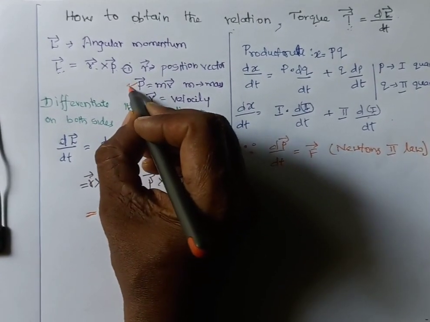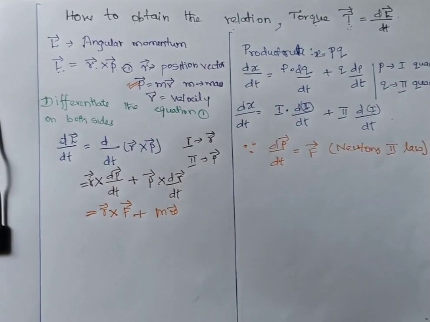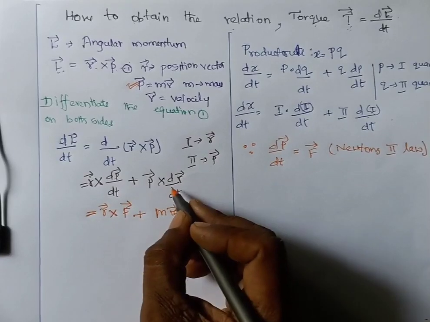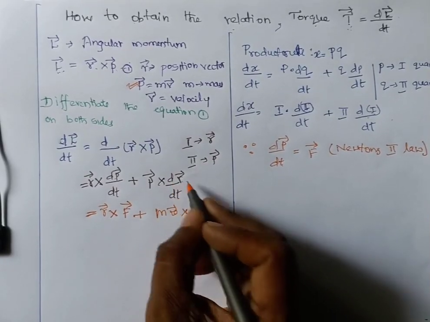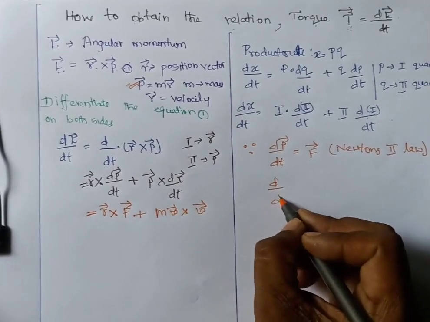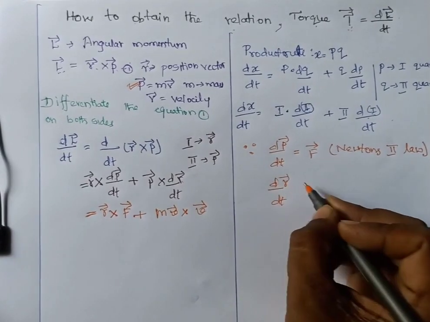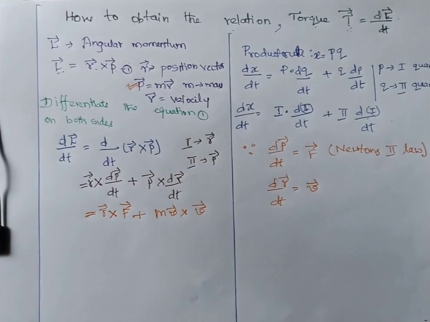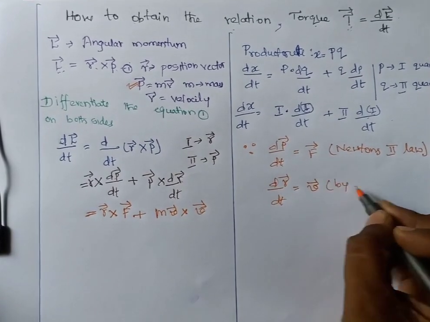Plus vector P, which you can write as m into vector V, as we already know, cross d by dt of vector R, which is again vector V, because the rate of change of position vector is the velocity vector, by definition.